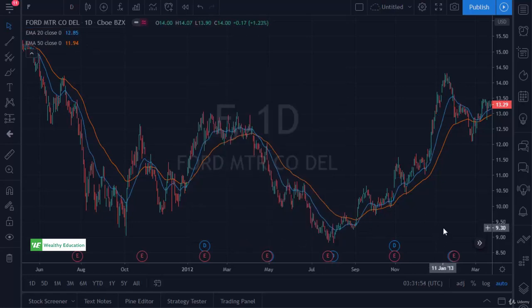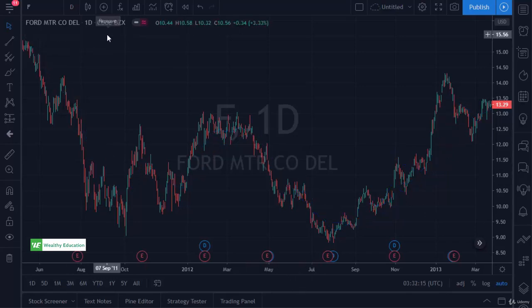And what's interesting here is as you are forming the cup, you've already had the crossover right here. And then the moving averages spread out quite nicely and show real momentum. So the moving averages in this particular setup worked out quite well to keep you in the trade longer term, which of course is crucial.